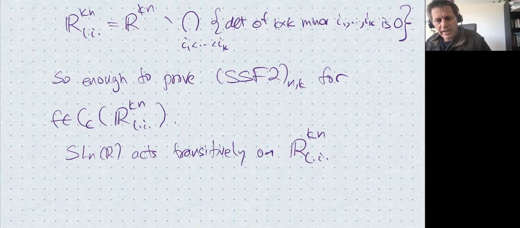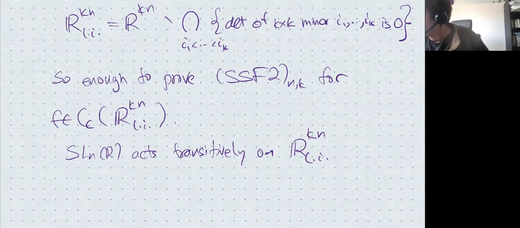Moreover, since k is less than n, I have some freedom with what I do to another vector, and the last vector I can rescale so that the determinant becomes 1. So I can always take any k-tuple to any other k-tuple, preserving determinant 1.